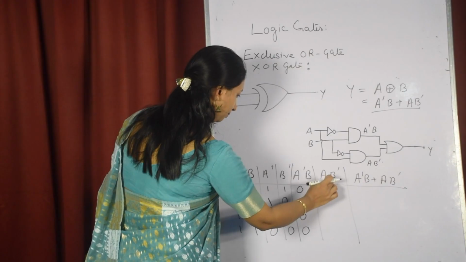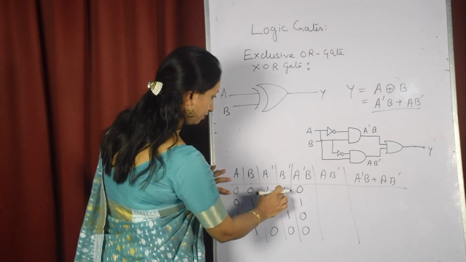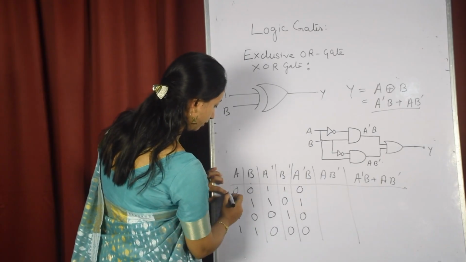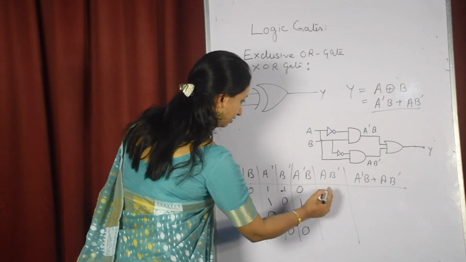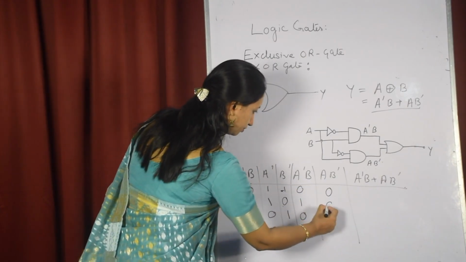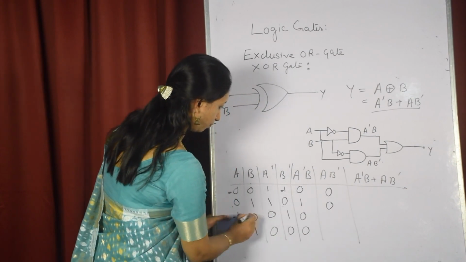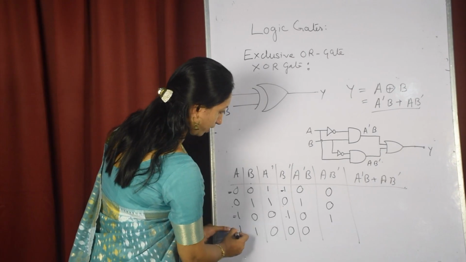Next A B bar. A, then B bar, so we have to consider this and this. So 0 1, it goes 0, 0 0, it comes 0, then 1 1, it goes 1, then here 1 0, it shows 0.